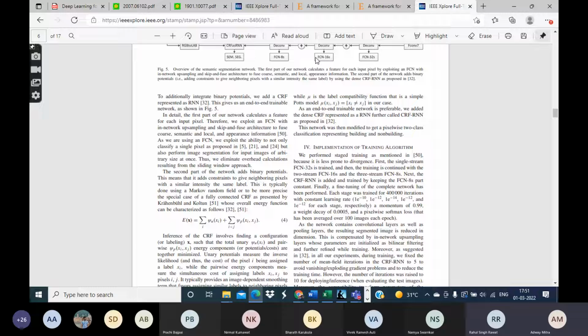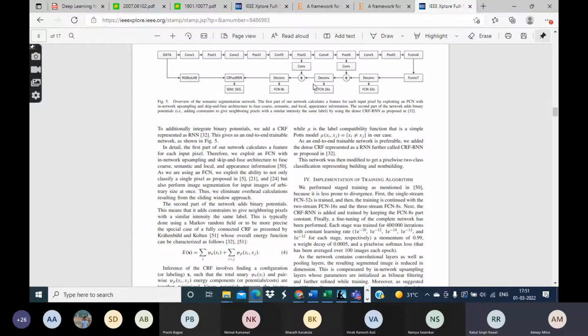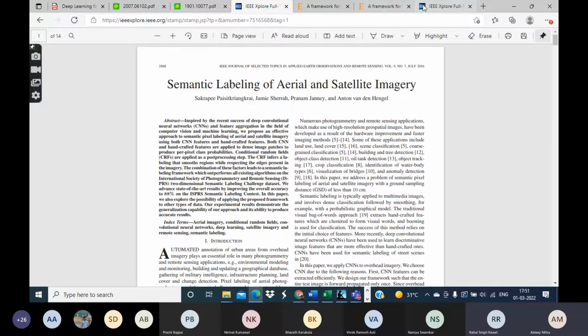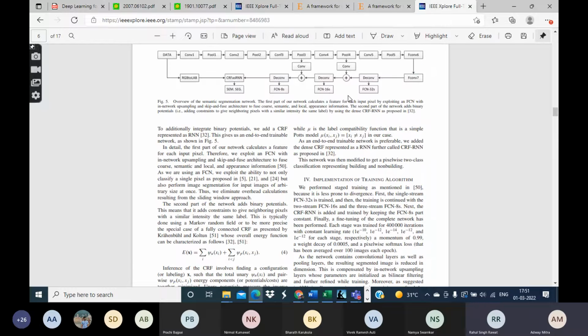The CRF will have its own parameters which have to be learned, and the neural network will also have its own parameters to be learned. So instead of doing the two things separately as was done in this paper, what these guys are doing is integrating the CRF with the neural network itself by representing the CRF as a recurrent neural network. They are using some paper which does that kind of a thing.